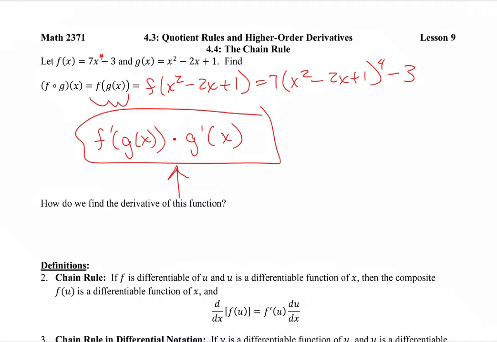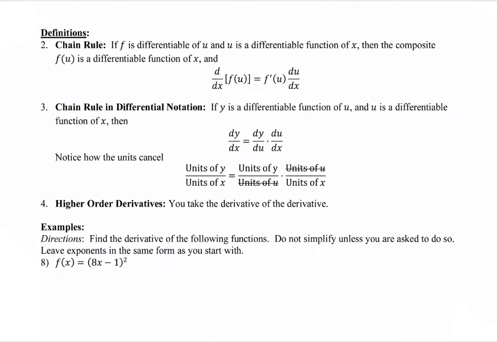All right? So down here, what this says is that if I want to take the derivative of f of g of x, then what that is, it's f prime of g of x times g prime of x.